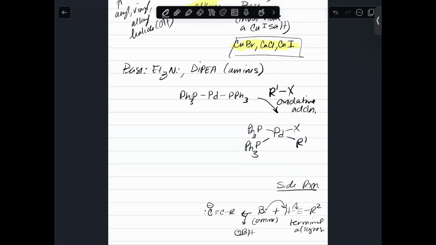Because of its large S character, it's holding that negative charge really close to its nucleus, making that hydrogen incredibly acidic. And so because this alkyne is acidic, you formed its conjugate base, which then you can treat with your copper bromide or copper halide salt.